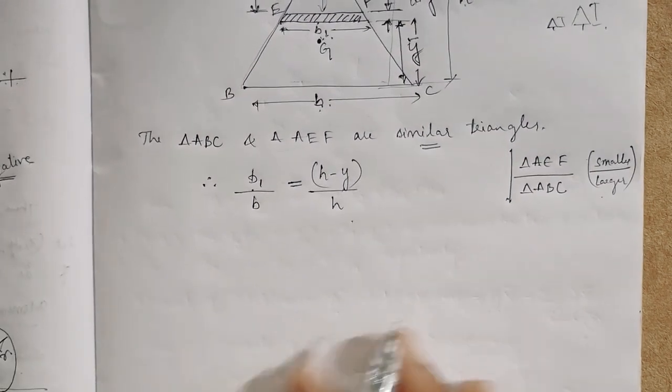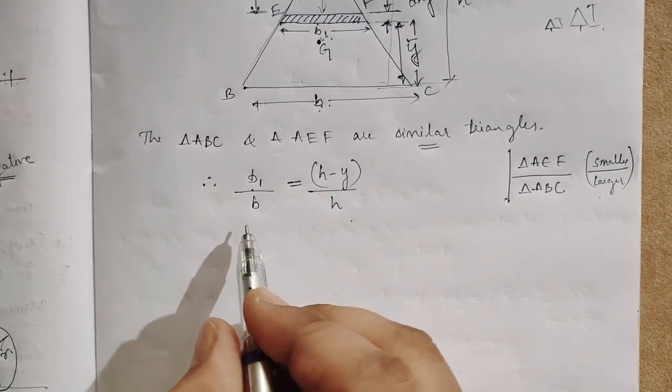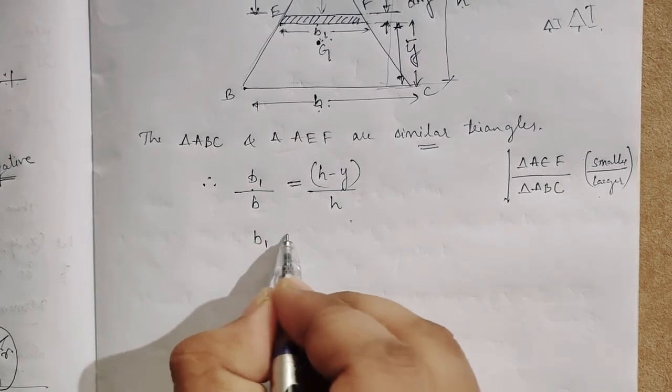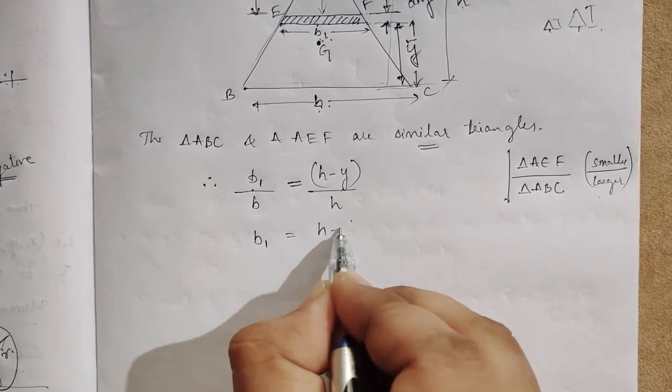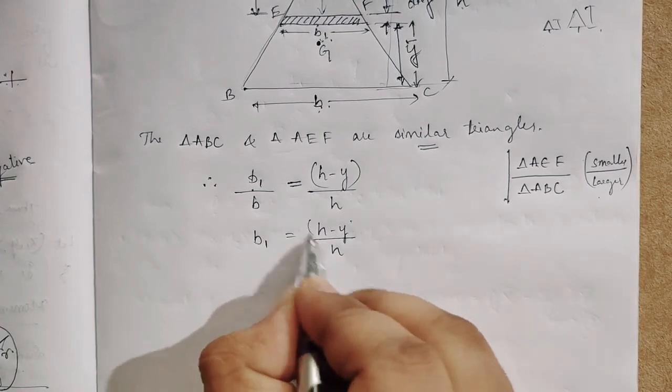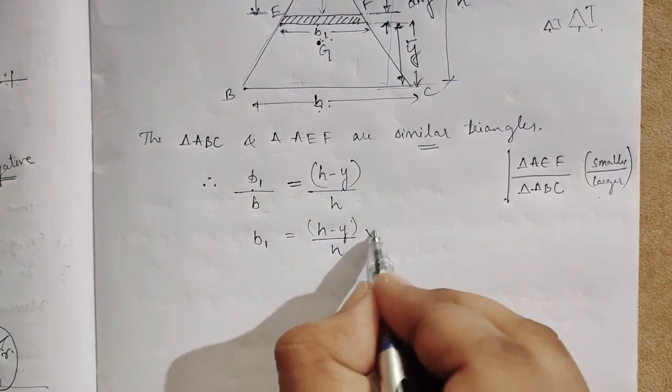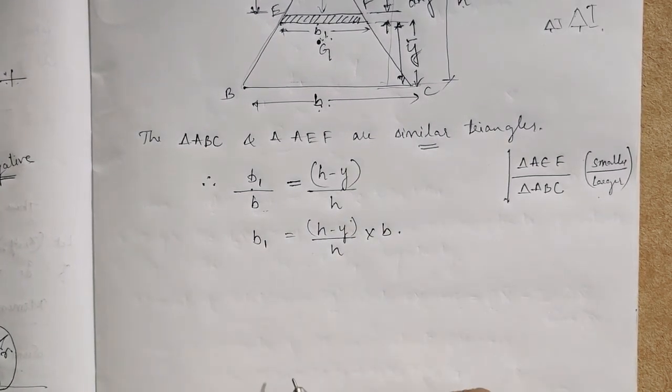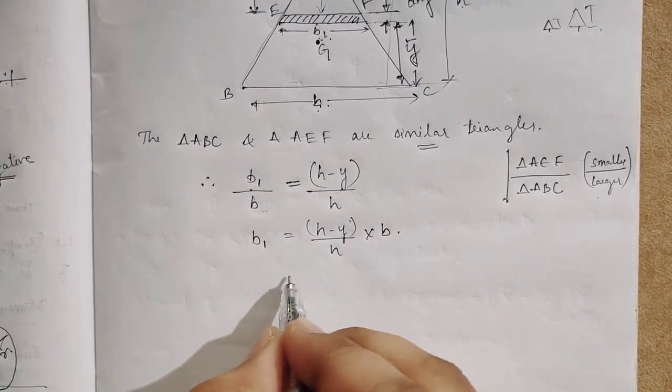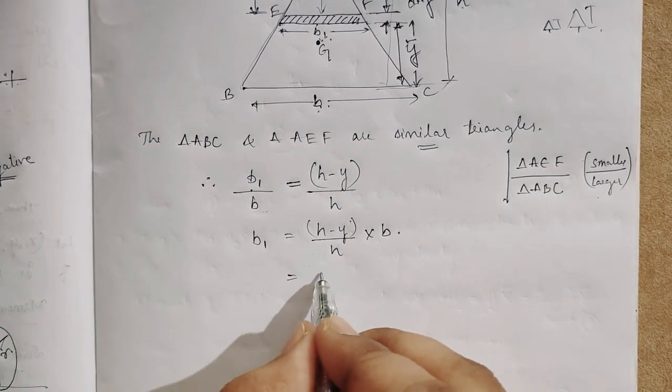Now I'll calculate b1. So b1 is equal to h minus y divided by h, into b. Now I will take h as common.